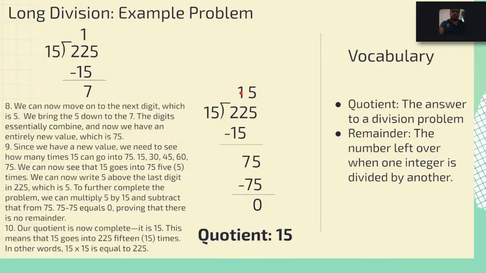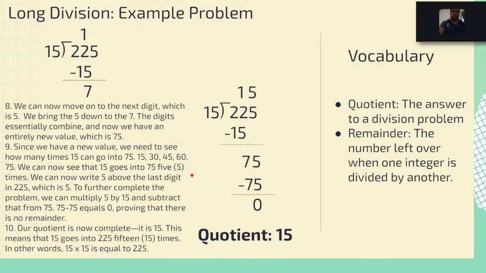And this is the same reason why we multiplied 1 by 15. 5 times 15 is 75. And we have a 75 here, so we just subtract it. 75 minus 75 equals 0. This number 0 is very significant, and I'll tell you why in just a second. Our quotient is now complete.